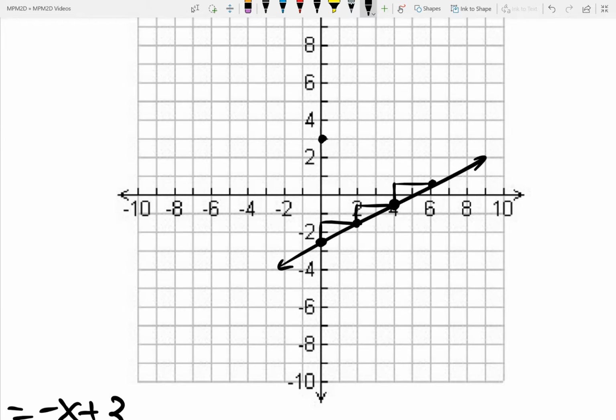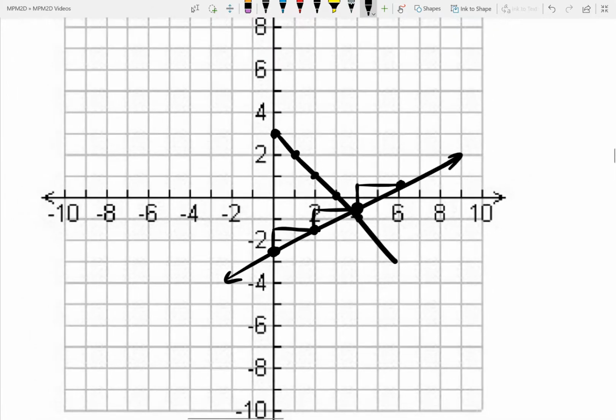And the slope is minus 1, so down 1 over 1, down 1 over 1, down 1 over 1. Somewhere along the way, the two lines are going to intersect, but that point isn't quite clear. Somewhere here it's going to intersect, but it doesn't fall on a nice point that's easy to read.